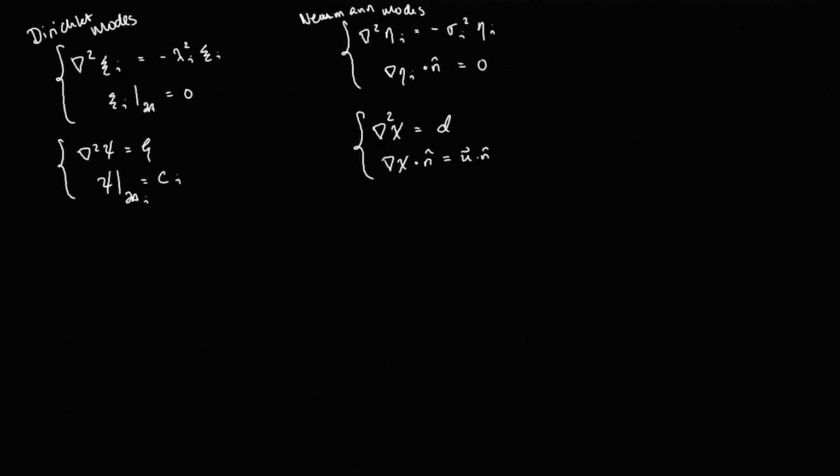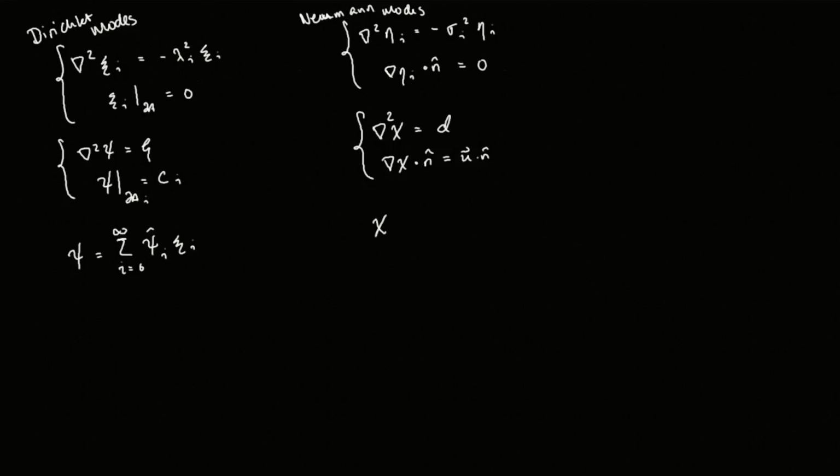And what we can do is write psi as a linear superposition, I equals 0 to infinity, of psi hat I, where the hatted variables are constants, called the spectral coefficients, times xi I, and the spatial structure comes from the xi's.